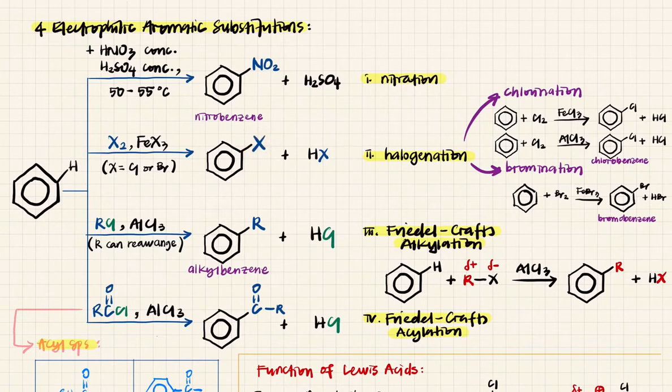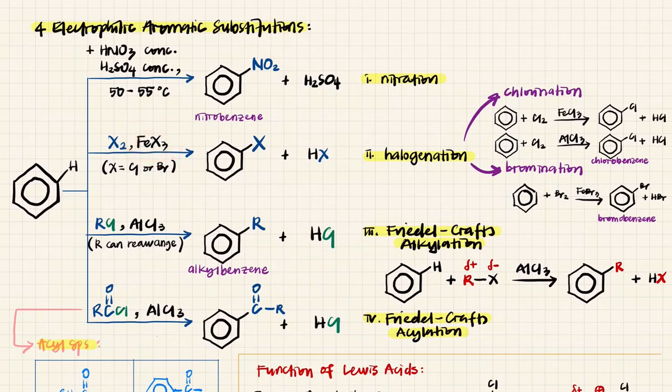Okay, second is halogenation, maksudnya this H will be substituted with any halogen lah. Selalunya awak guna Cl or Br. So jangan pandai-pandai lah nak guna yang lain, okay? You're going to react your benzene with whatever halide molecule in the presence of a Lewis acid.